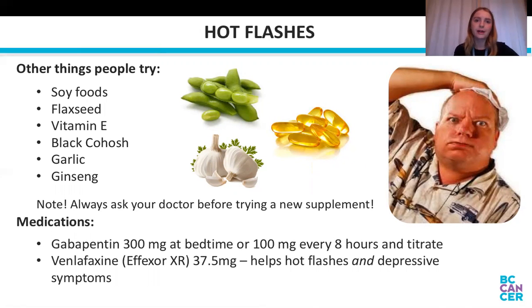But just be aware that many of these medications have their own side effects and as such are typically used as a last resort if all the other things aren't helping. Another note is that these medications typically take at least 4 weeks before they start working in the body. So you do have to stay on them for at least that amount of time to see if there is any benefit.